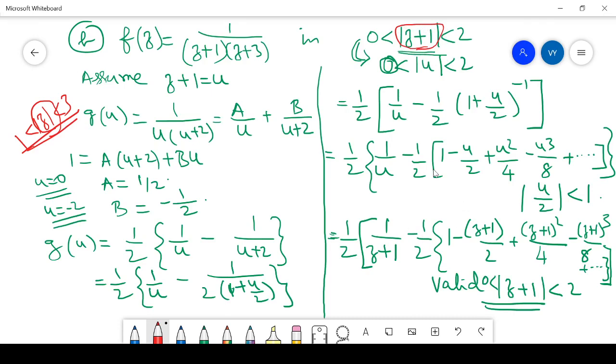And if you want to expand in terms of z plus 1, you substitute u is equal to z plus 1 and expand in u, that will give you the required expansion. And of course the validity of the region or the convergence of the region automatically gets adjusted. So this will be the second part.